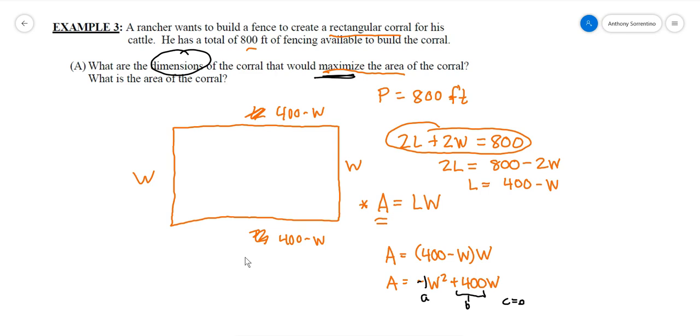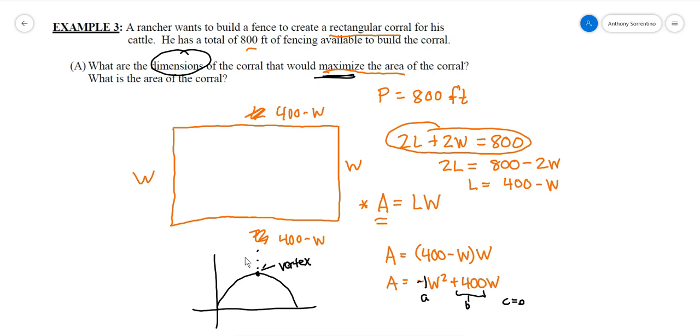Okay, so, well, if I think about this, I have a graph, and this is obviously a graph that has a negative A value here. If I was to graph this, I would see something along the lines of this. I know it's opening downward because the leading coefficient, A, is negative. The maximum would occur at the vertex.